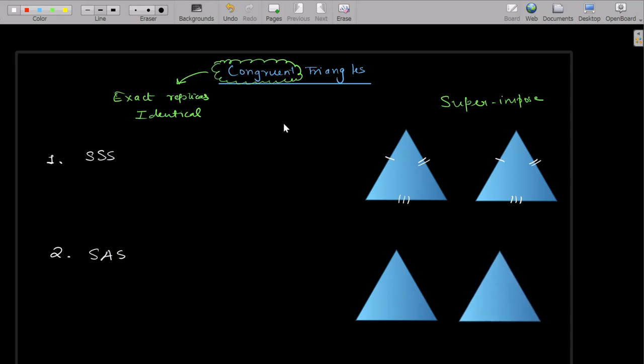One side is equal to another side, another side is equal to another side, and then this angle has to be between these two sides. It cannot be like here or here. That's why it's called SAS. You see, A is between the two S's, so the angle has to be between the two congruent sides.